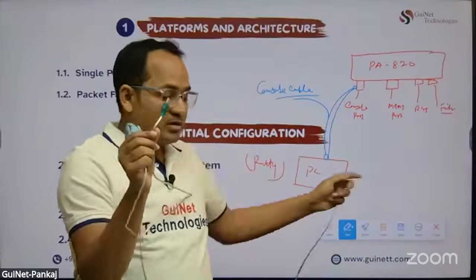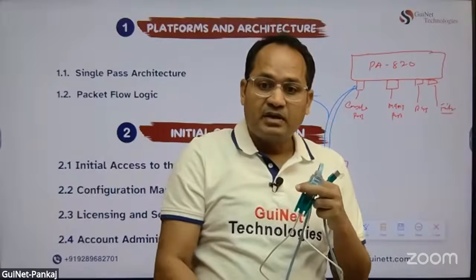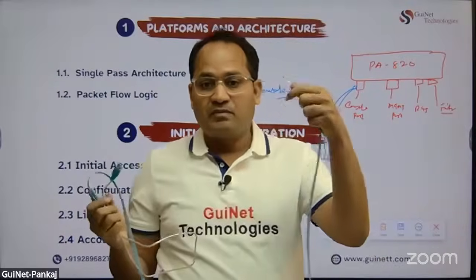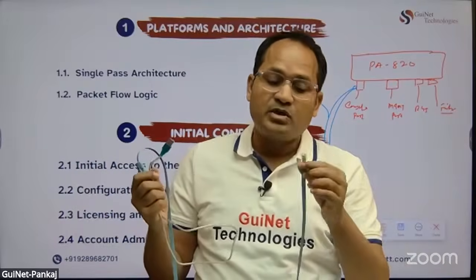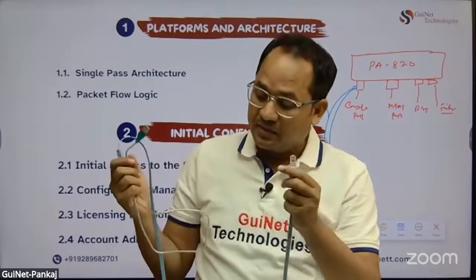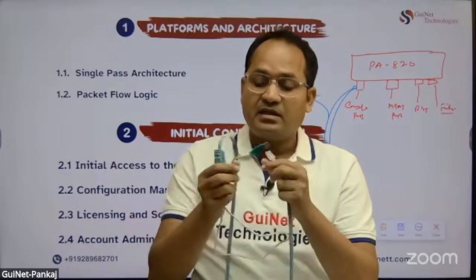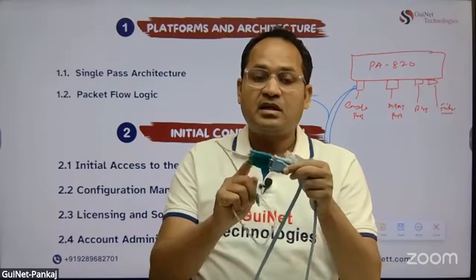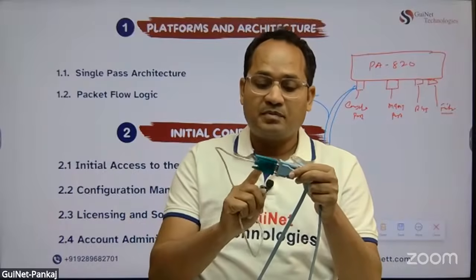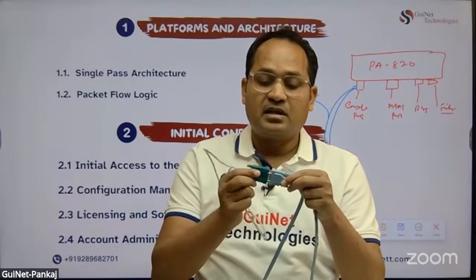I will connect this on my computer, and one side is going to be connected on my Palo Alto Firewall. This is the RJ45. There is a special console port, and that console port is going to be connected on the Palo Alto Firewall. And once I connect this one, this is the converter, USB to RJ45 converter, what we know as a serial converter.